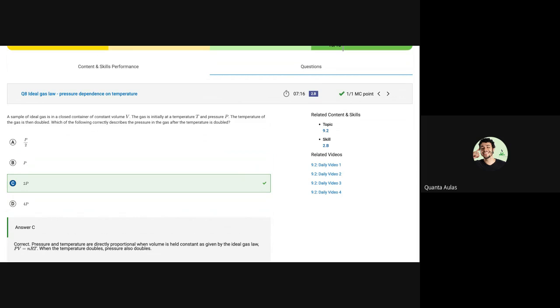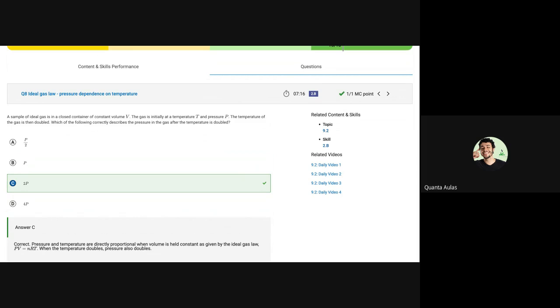State variables don't depend on the path to change the initial situation to the final situation, only the values, right? So this value, pressure times volume over temperature, is always the same value, right? The value, of course, is the number of moles times this constant.